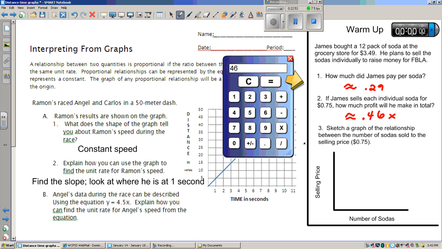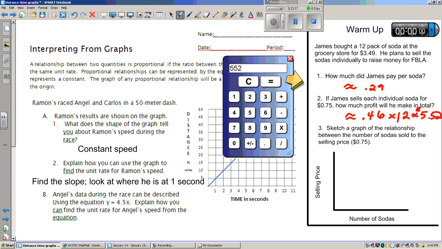So we're going to multiply this by 12 and see what we come up with. Okay, $5.52. For some reason my decimals didn't get in there, but that's all right. $5.52 is the profit that he would make off of a pack of soda.